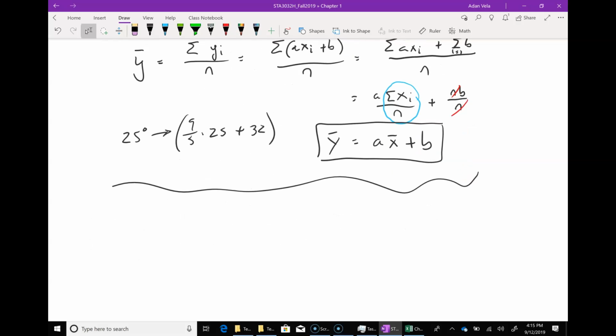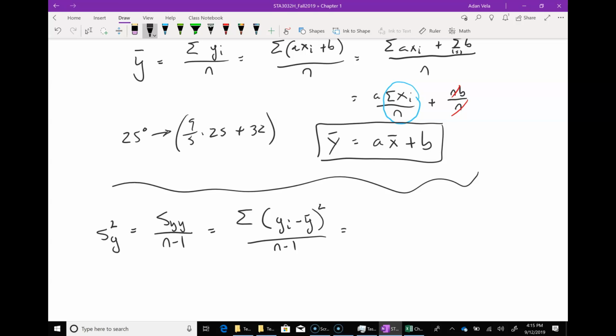The next question we might ask is, what's the sample variance of y? We're going to apply the same equation more or less. Now we're taking the sum of yi minus y bar, squared, all over n minus 1.